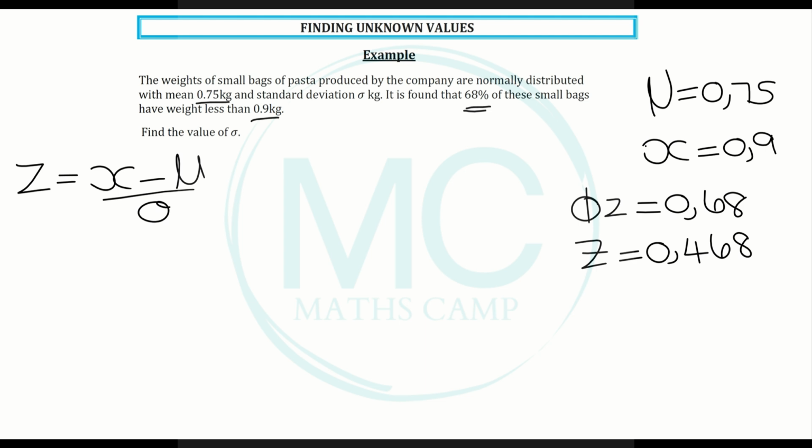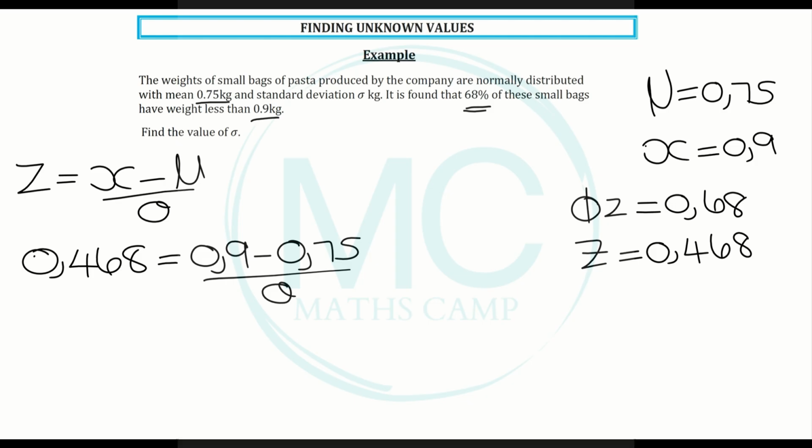Now I've found values for the other three variables in the formula. So let's substitute. I can say 0.468 is equal to x 0.9 minus mu 0.75 all over sigma. To solve for sigma, I need it to be out of the denominator of the fraction.